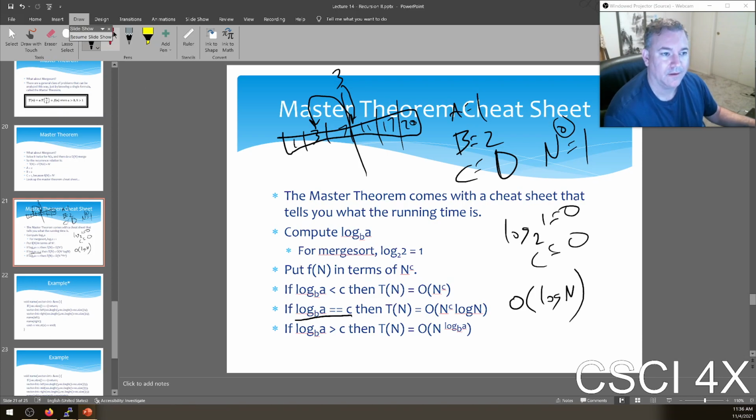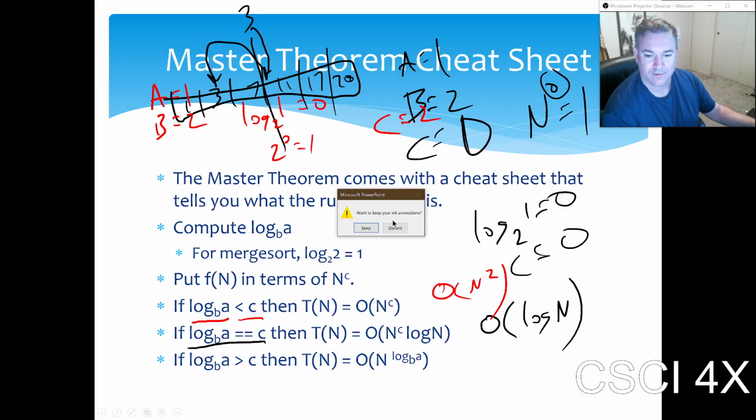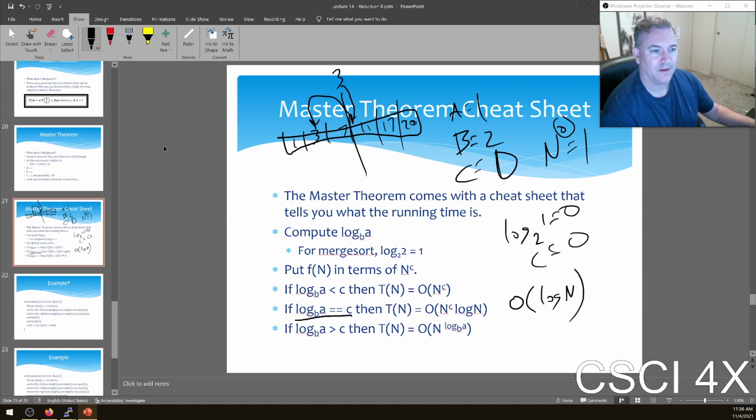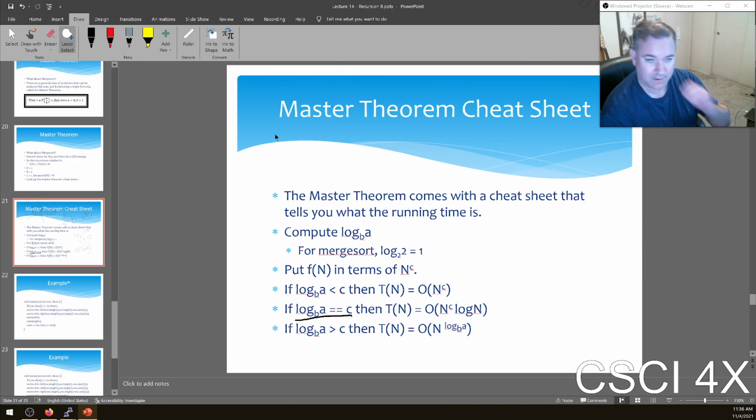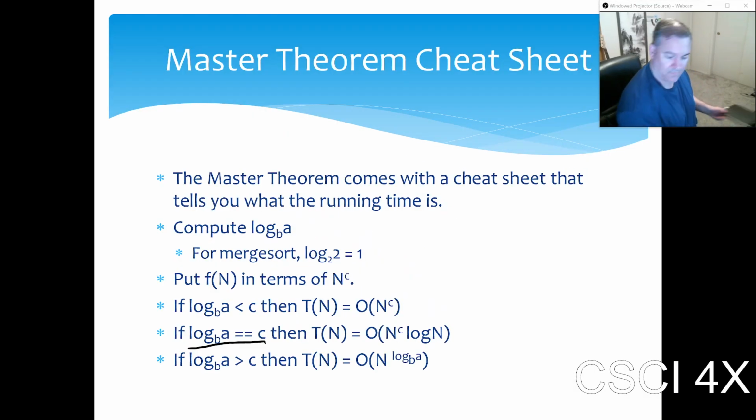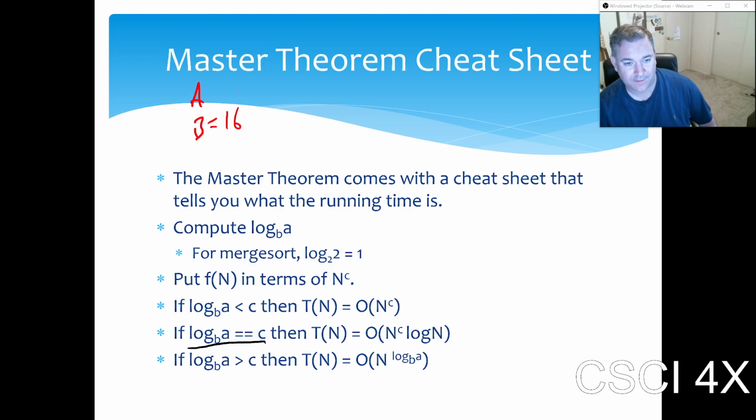So, resume slideshow. Discard the annotations. So in this case, the fraction we're passing on is 1/16. We're calling ourselves 4 times. So the log base 16 of 4 is: 16 to what power is 4?